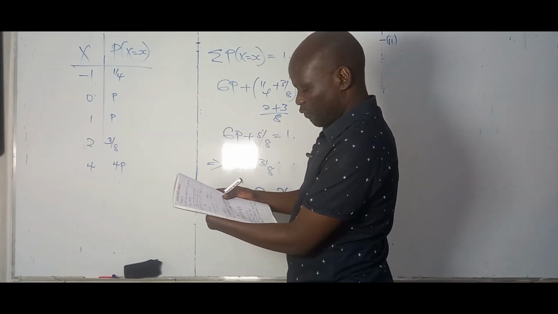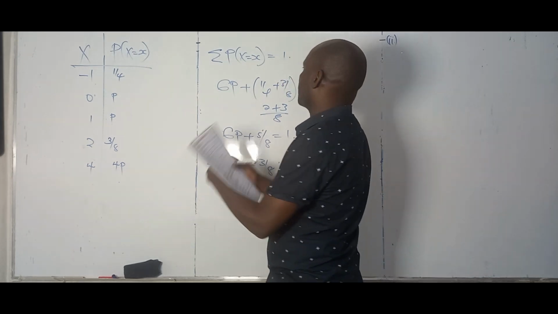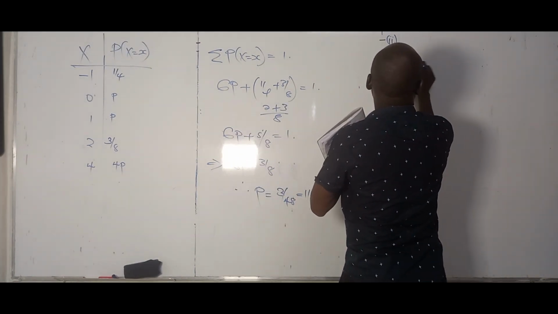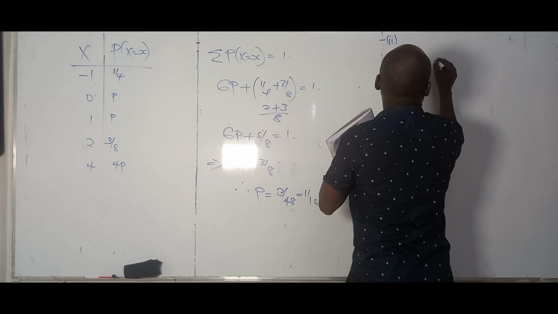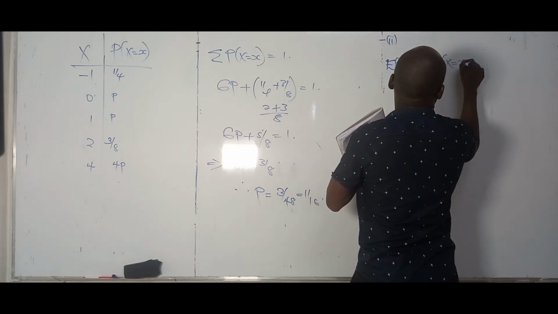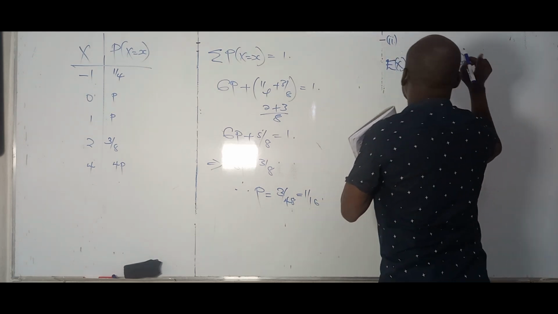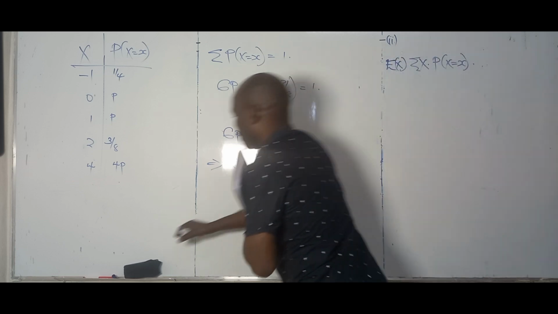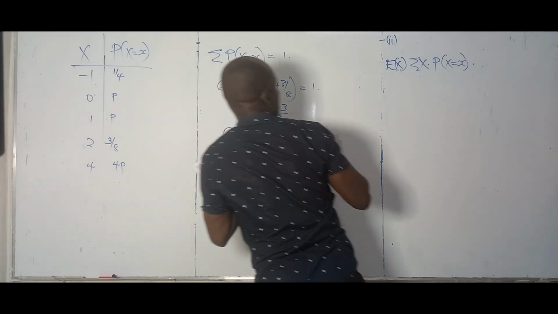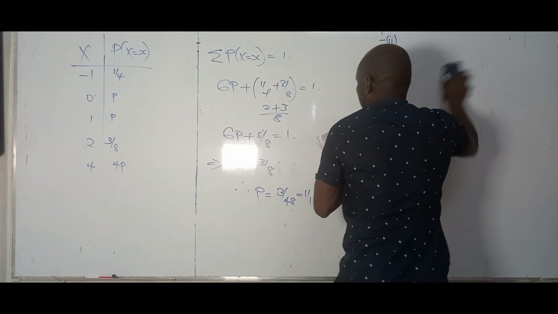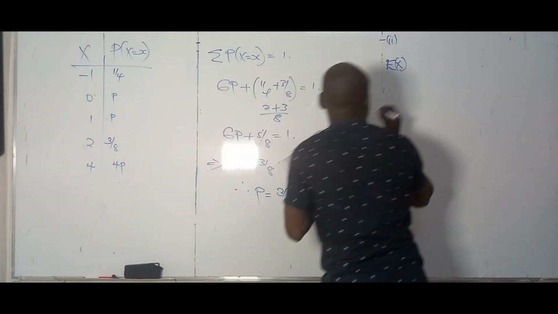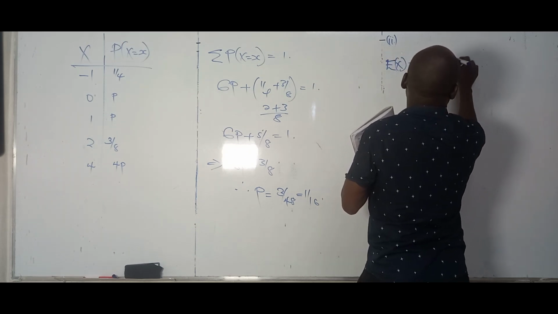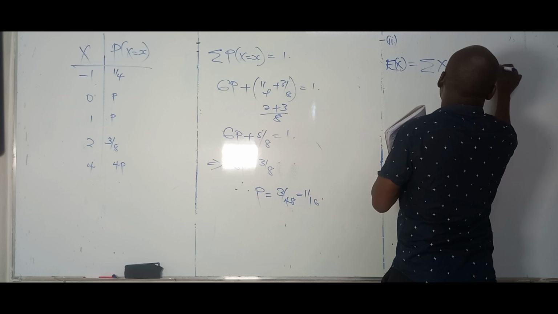Find the expected value of X and the variance of X. So the expected value of X in this case will be X times the probability that X takes up a particular value. There is a summation, and that is what makes it so. So here it says equal to the summation of x times the probability that X is equal to x.